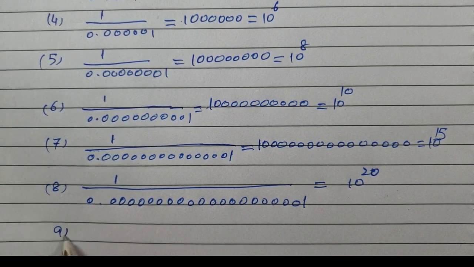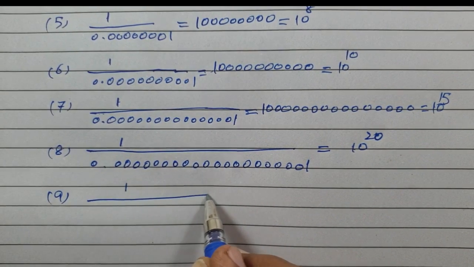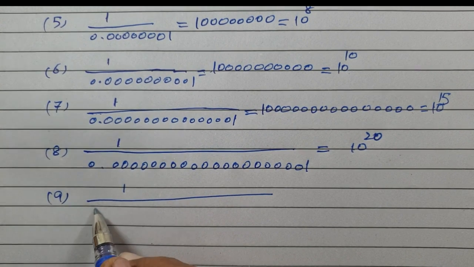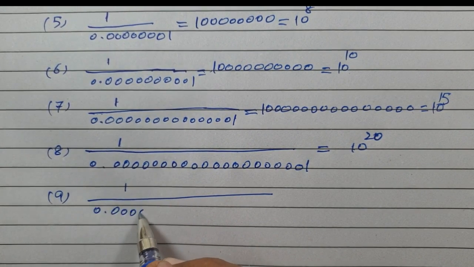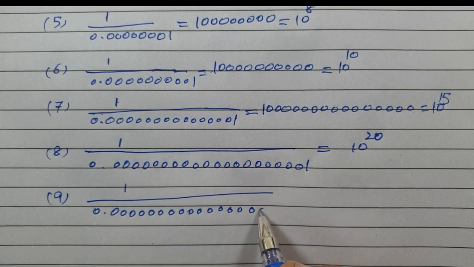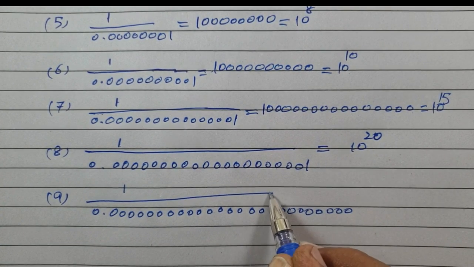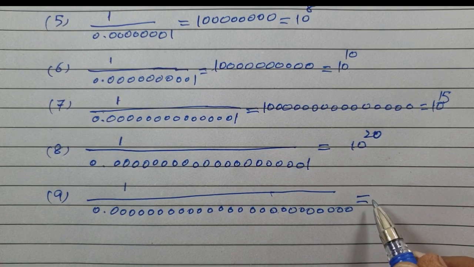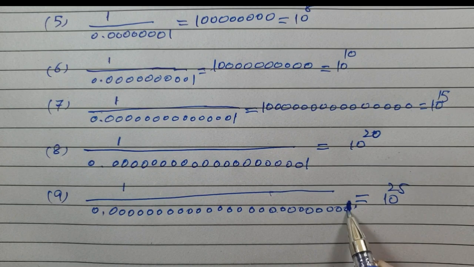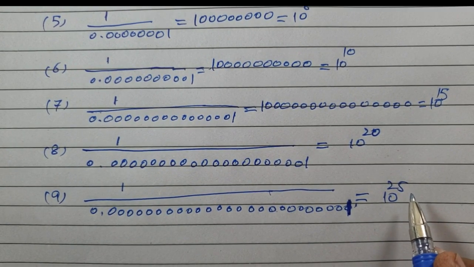So in the ninth step, when 1 is divided by this so small figure, we get 10 raised to power 25.